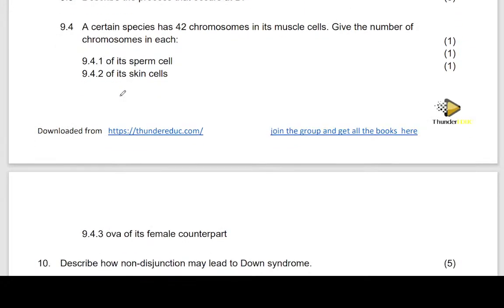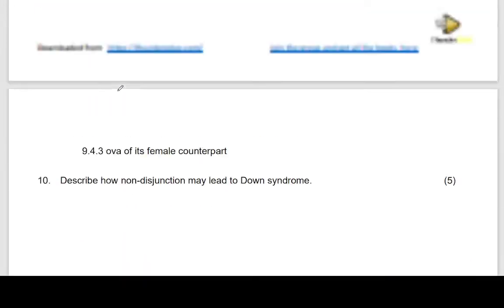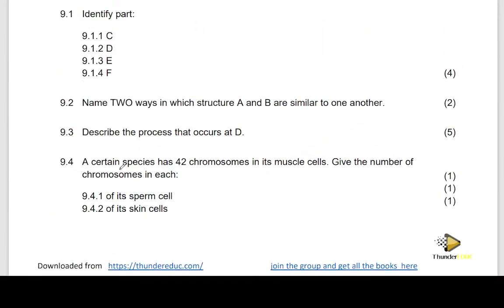Then they are saying that a certain species has 42 chromosomes in its muscle. When you say muscle, we are talking about body cells, diploid, 2N. Give the number of chromosomes in each sperm. It means that sperm is always haploid, so it's going to be 21.